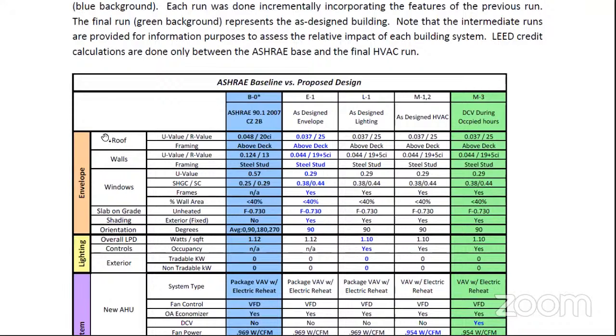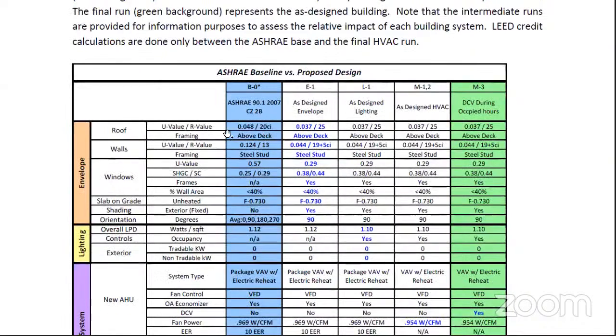For example, when you select the roof part in envelope, as per ASHRAE or ECBC, you may need say 0.048. But in the proposed case, you are reducing the value by using efficient insulation, and you are reducing the roof U value to 0.037.